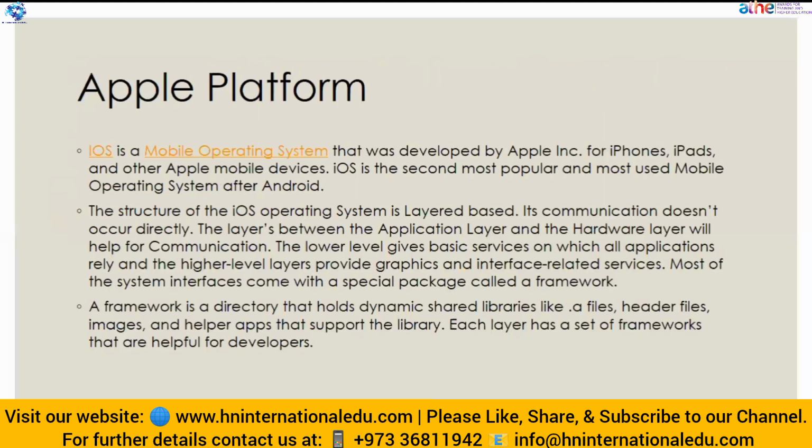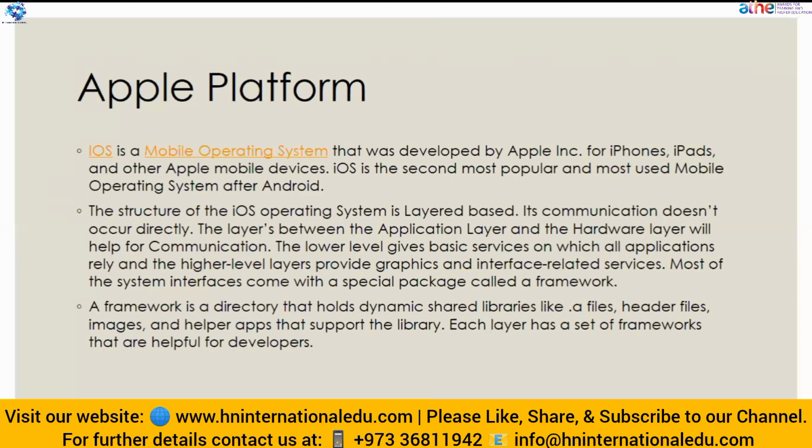Okay, so we have the Apple platform. First of all, iOS is a mobile operating system that was developed by Apple for iPhones, iPads, and other Apple mobile devices. iOS is the second most popular and most used mobile operating system after Android. So, what is iOS? iOS is a mobile operating system developed by Apple, the organization that developed these phones.